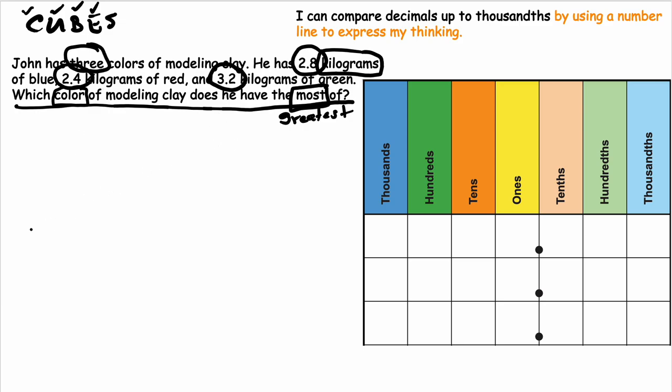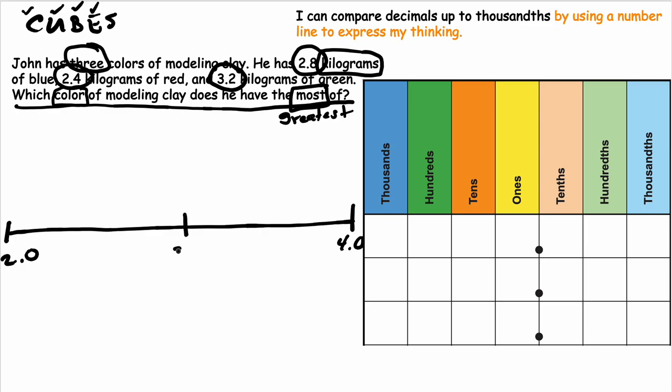So my number line needs to show a start of 2, so 2 0/10, and I need to make sure I go up to at least 3 2/10. So probably 4. And then 3 should be about here, right in the middle.